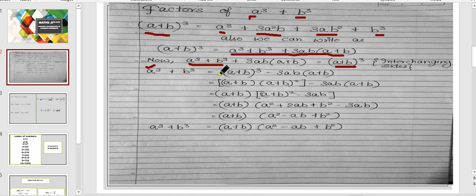After that it is equal to a plus b whole cube, as it is, and minus, this term is interchanging its position to the right hand side. What happens? The sign will change: minus 3ab in the bracket a plus b, right?